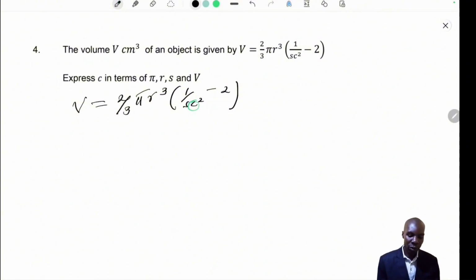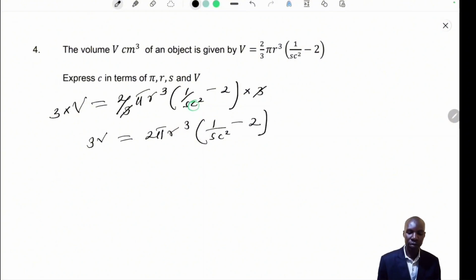So what we are going to do, we can multiply both sides by 3, so that we do away with this 3. So we'll say 3V equals 2 pi r cubic in bracket 1 over SC squared minus 2.